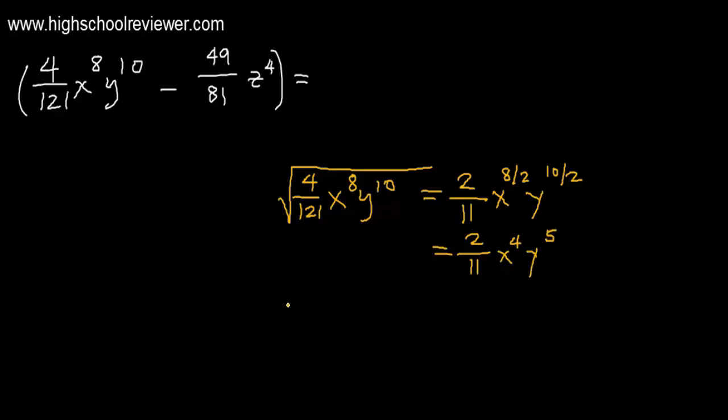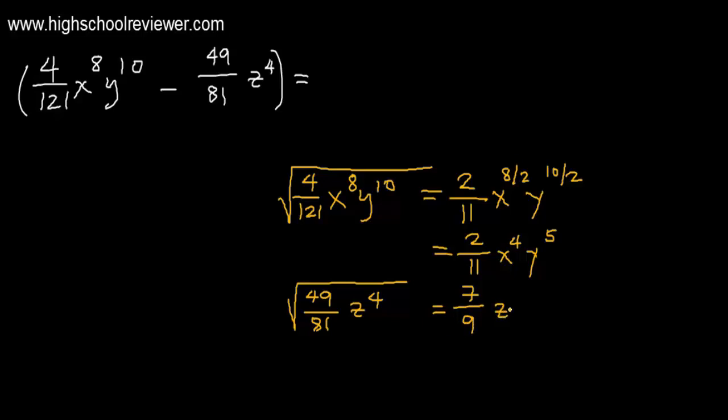For the second term, we will have the square root of 49 over 81 z raised to 4. The square root of 49 here will be 7, all over the square root of 81, which gives us 9.